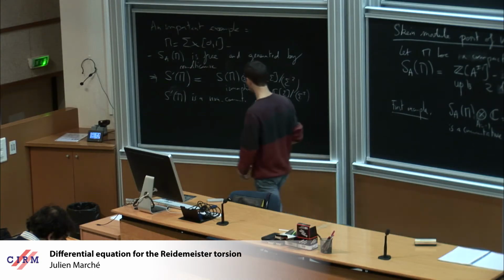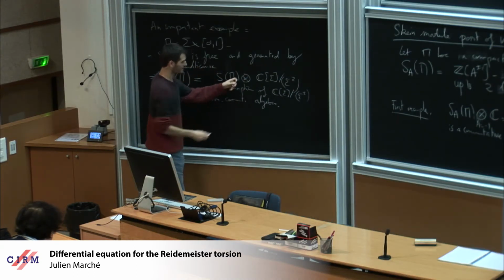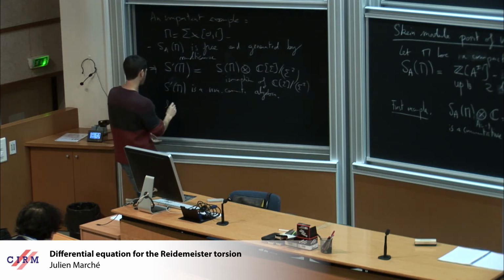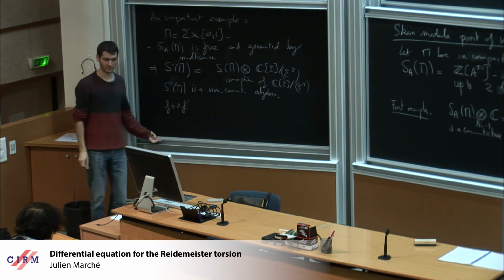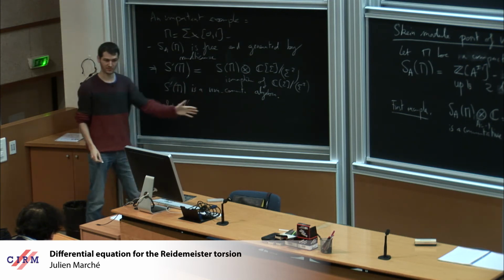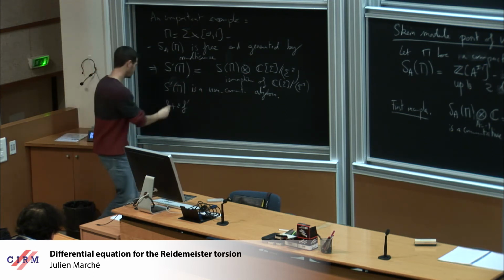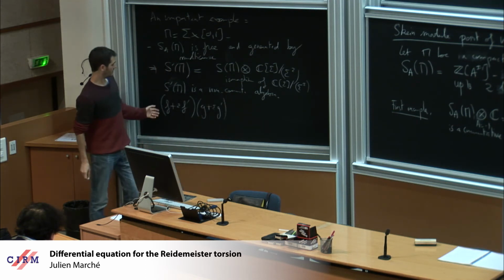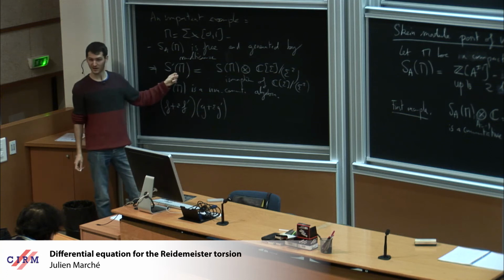I can write a formula. If I start from elements here, in that point of view I can write it as f plus epsilon f prime. Okay, so just zero order and first order. And I multiply them in this algebra here.